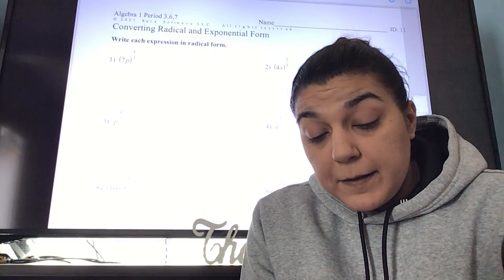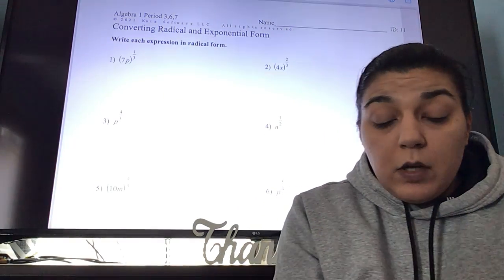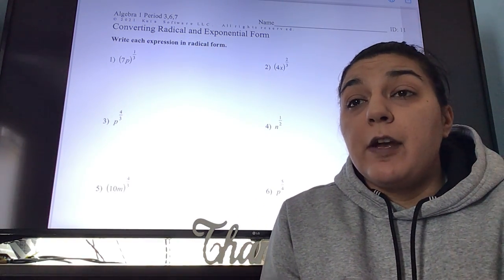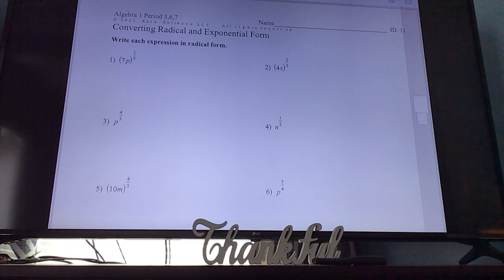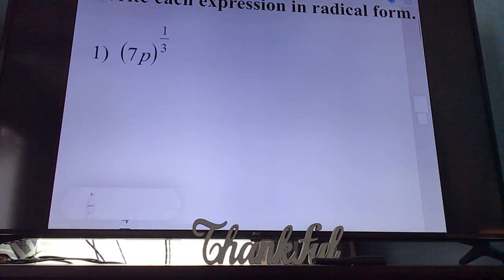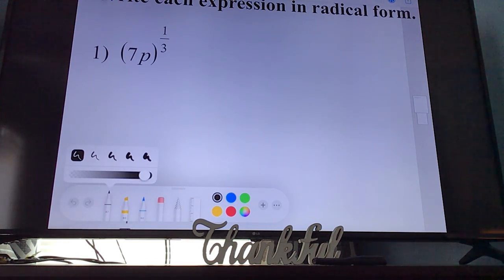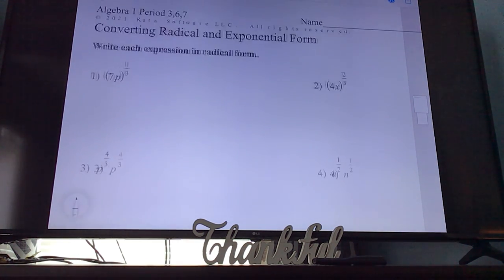You should. All right. So, converting radicals, we did this on Friday, and this is just the worksheet from Friday. I'm just going to go over a couple of quick things before you actually have to do your assignment. When we convert radicals, there are two types of forms that you're going to see.